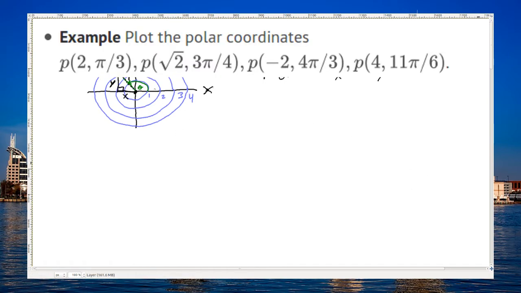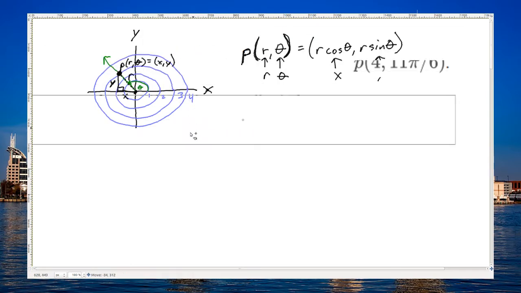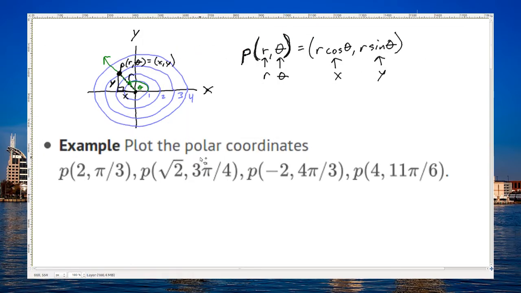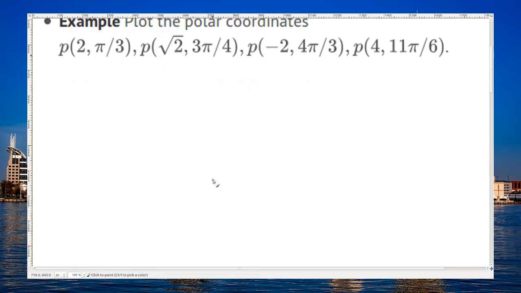All right, so let's see this in practice. Let's take a look at a few different examples. We're going to plot a few different polar coordinates, and we'll do it two different ways. We'll do it by just looking at the r's and the thetas, and we'll also do it by converting into x and y values.